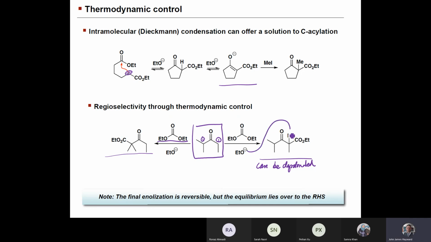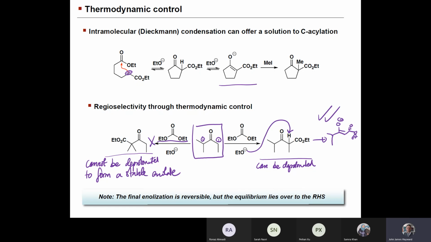Our ethoxide can deprotonate this, which gives this product. Now, this cannot be deprotonated to form a stable enolate. So this reaction does not happen, and this reaction does.